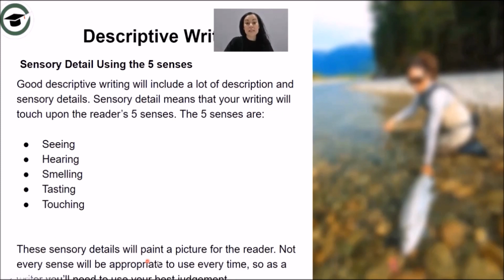Now, these sensory details will paint a picture for the reader. Not every sense will be appropriate to use every time, but that's okay. So as a writer, you'll need to use your best judgment.